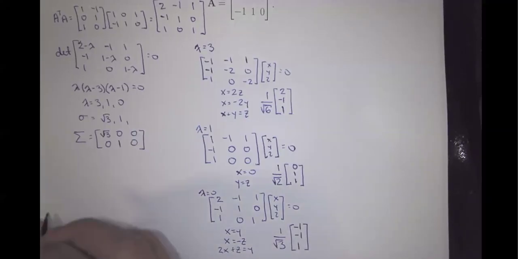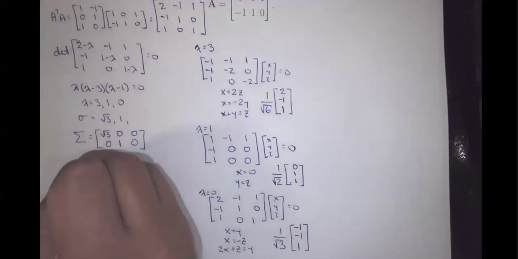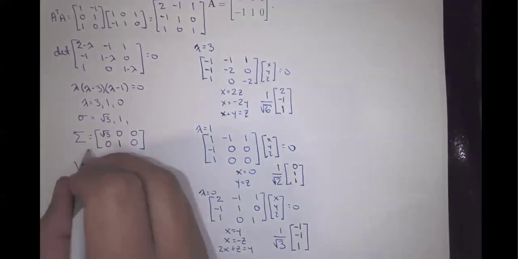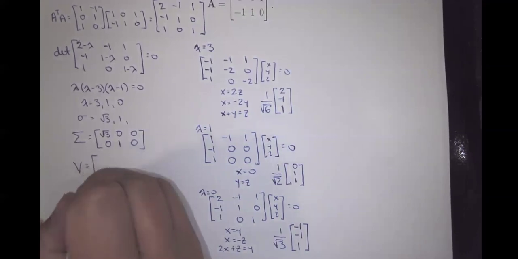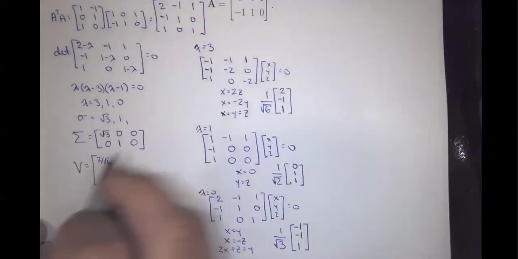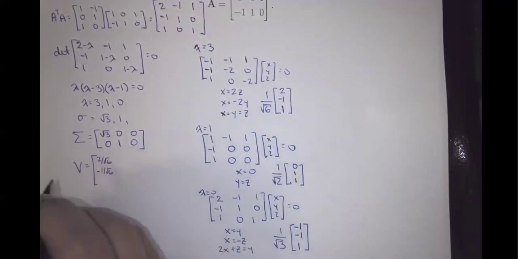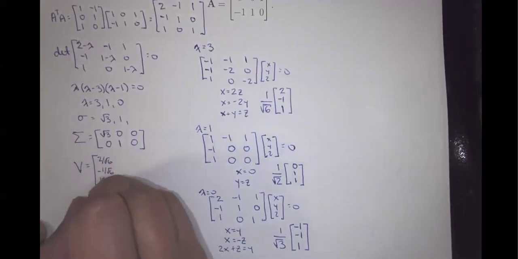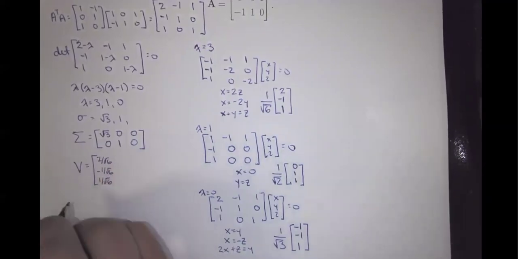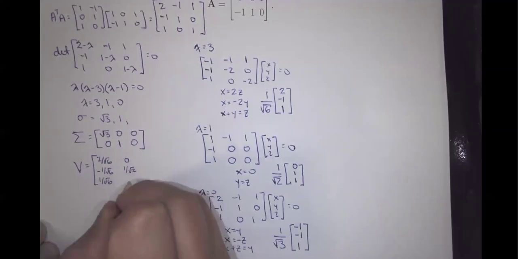So this gives us our matrix V. So 2 over root 6, negative 1 over root 6, and 1 over root 6 for the first vector. Vector 2 is 0, 1 over root 2, 1 over root 2.